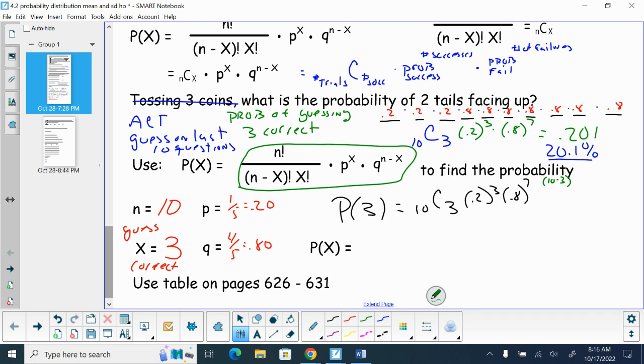But once again, I think it's easier not to get stuck on the idea that I have to use a formula, where I have number of trials, number of successes, probability for success to the number of successes, times the probability of failure to the number of failures. I can do my calculations at that point.